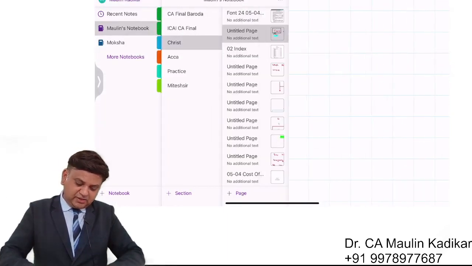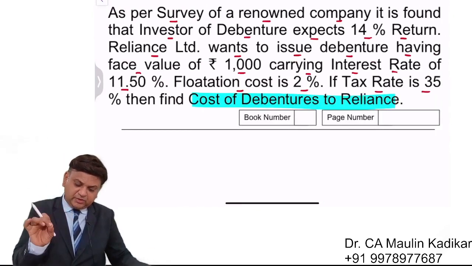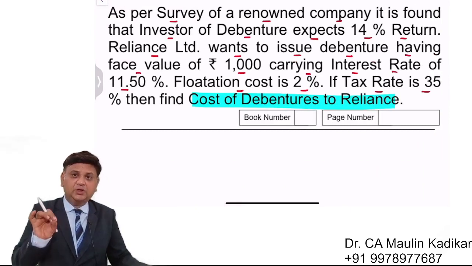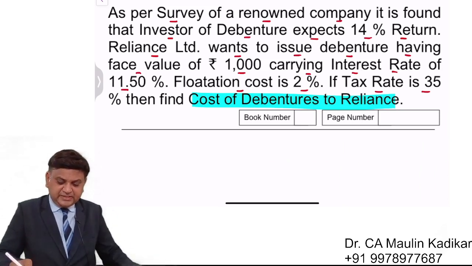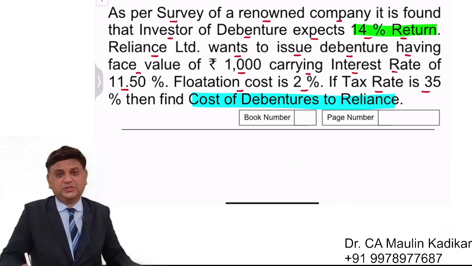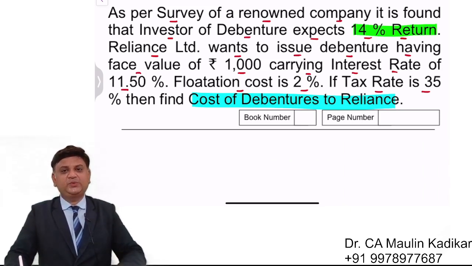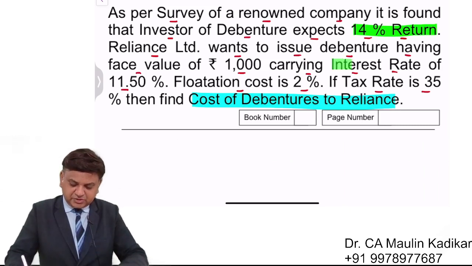Let us discuss that. The question says that as per survey of a renowned company, it is found that investor of the debenture expects 14% return. So information is given that the investors required rate of return is 14%. Reliance wants to issue the debenture having face value of 1000, carrying interest rate of 11.5%.